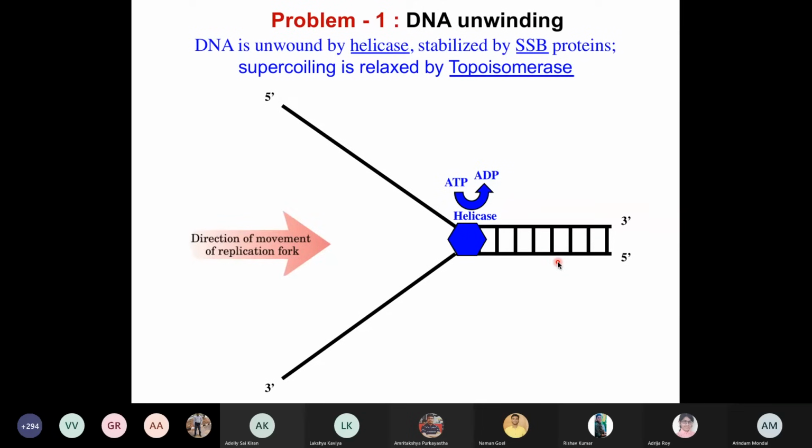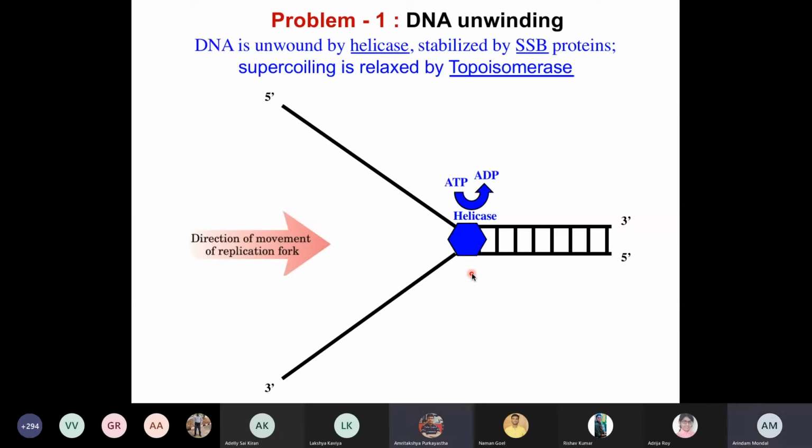Say for example, you have a rope where two strings are coiled to each other, and you start unwinding the two strings, separating them from each other, right? That will introduce a huge amount of supercoiling in front of the fork, right? Now, how can you release that supercoiling? Maybe we can rotate the other end of the rope. That might relax some of the supercoiling.